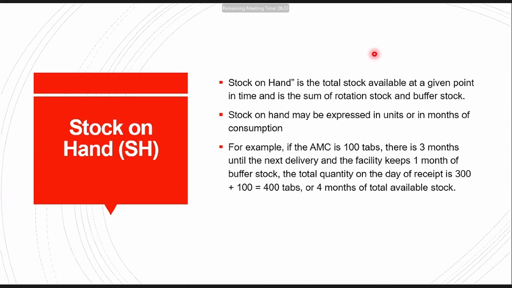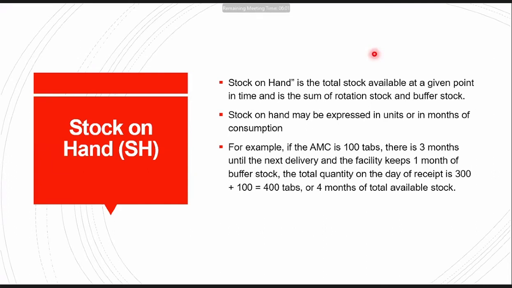the difference between the rotation stock and the buffer stock. Okay, you see, rotation stock simply means you've got 500 tins of paracetamol on your shelf, and your next delivery is in 3 months. You know how much you use per month. You get the two data sets.